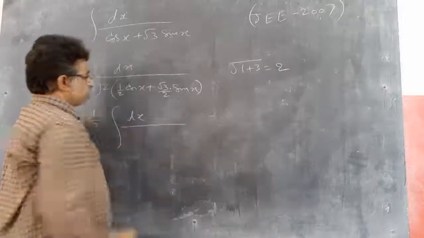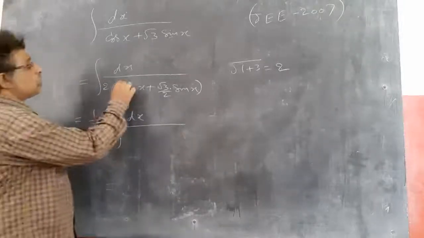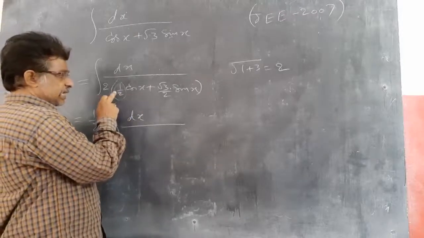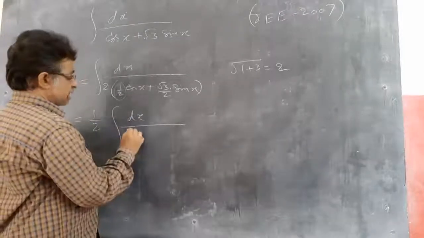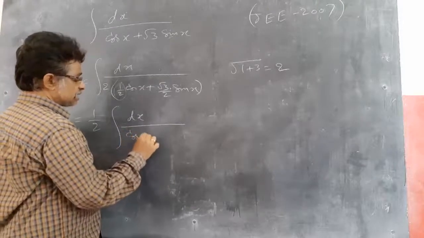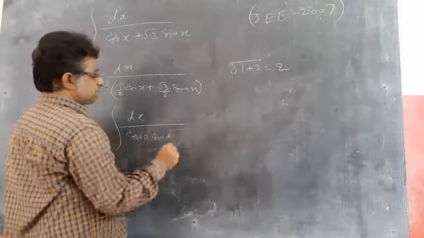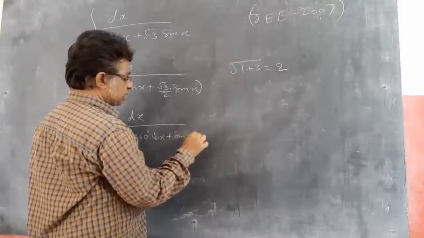1 by 2 into dx by, this 1 by 2 I can write as sin 30 or cos 60. Your choice of writing. I am writing it as cos 60 into cos x plus this is sin 60 into sin x.